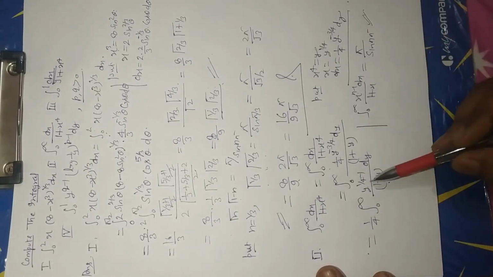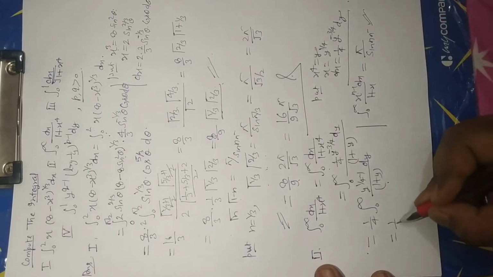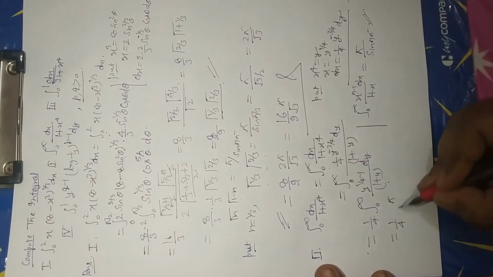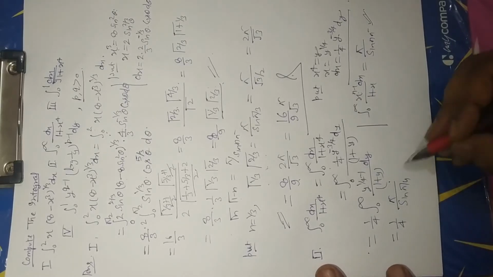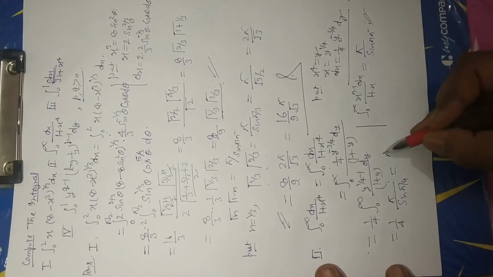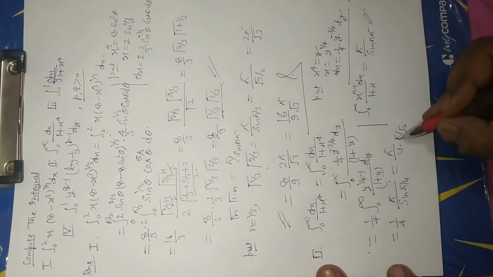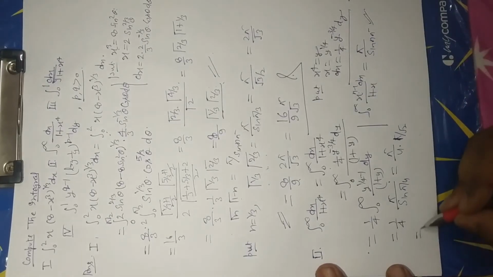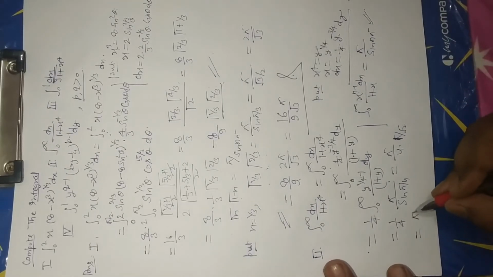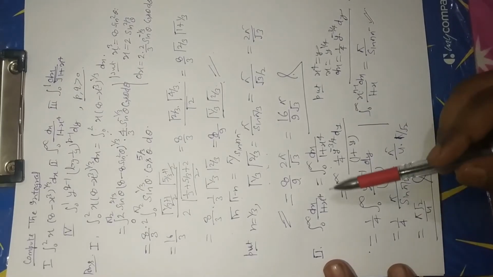Now n is equal to 1/4. Now the value of this is equal to 1/4 π / sin(π/4). The value of sin(π/4) is 1/√2. Sorry, this is equal to π√2/4. This is the integral.